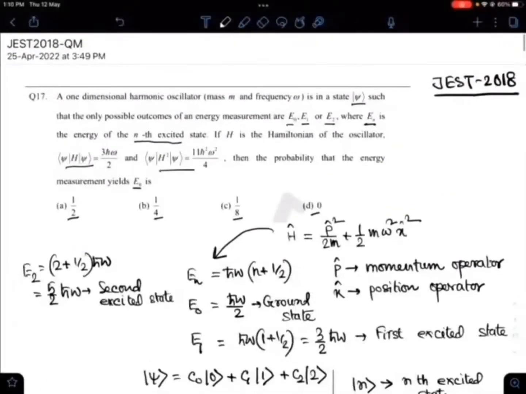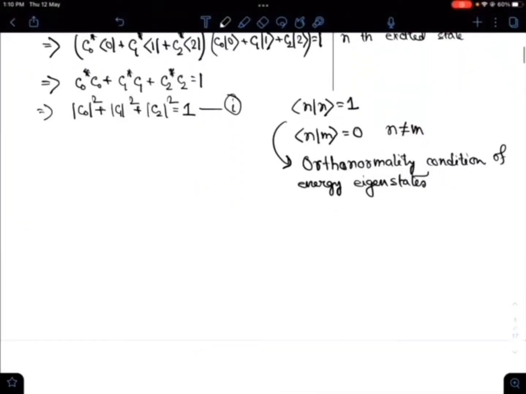And now we have the condition that the expectation value of H in psi should be 3 by 2 h cut omega. So we have to evaluate this expression. So what is H psi? Let us expand this.